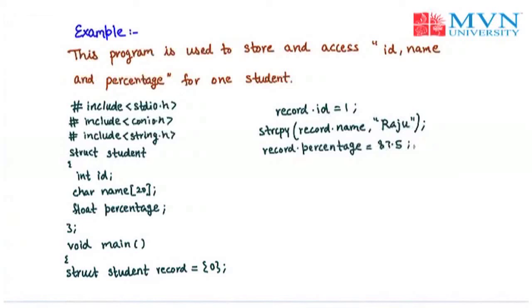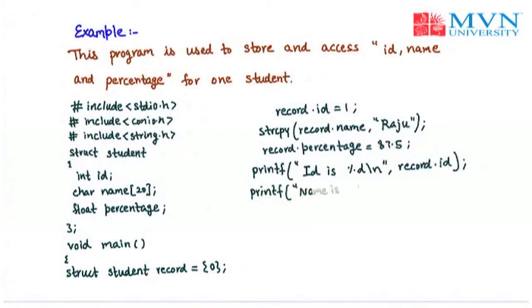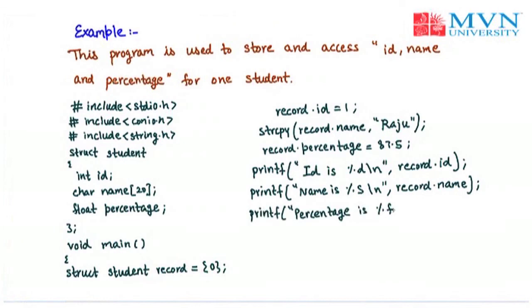Then for printing the values I use the printf function. Id is %d, because id is of integer type, record dot id. printf name is %s, which is of char type, record dot name. Then again the printf function, percentage is %f, record dot percentage. Close the main function.